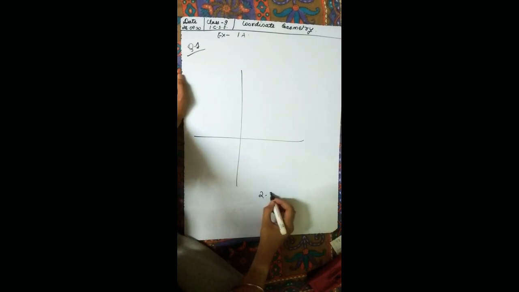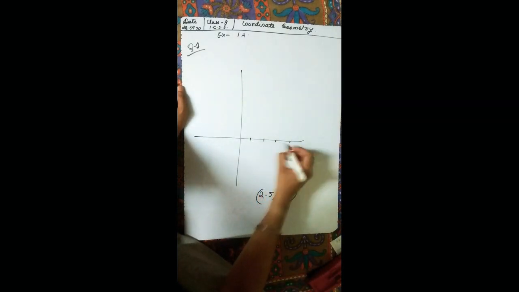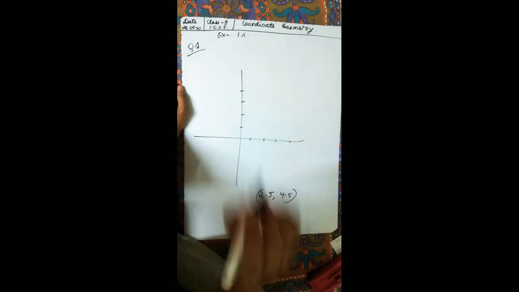I don't think you will find any problem, but still let me explain some typical cases. How can you plot those points? If you have 2.5 and 4.5, you need to plot. So how? 1, 2, 3, 4, 1, 2, 3, 4.